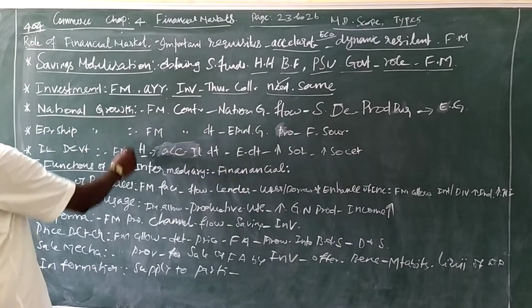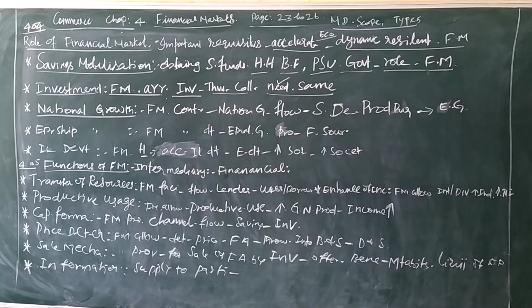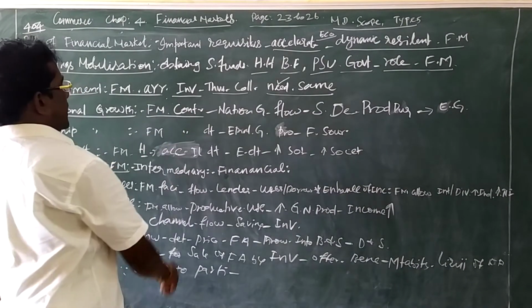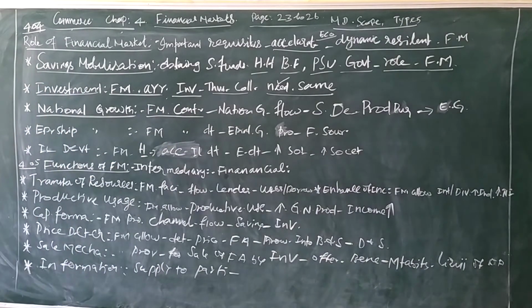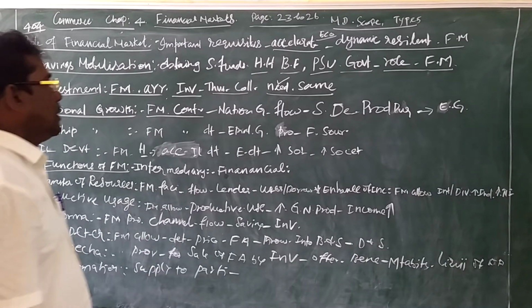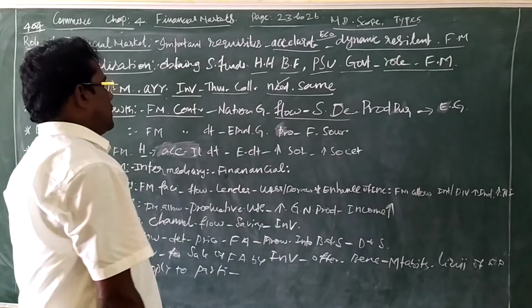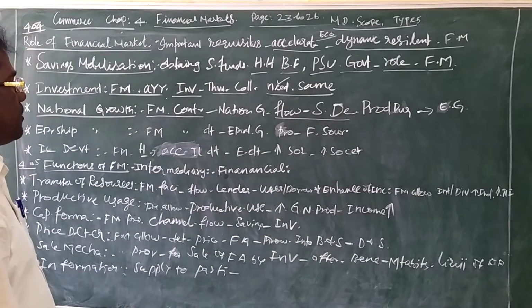Then the third one, national growth. Another important role nowadays played by the financial market is the growth of the nation, or national growth. The financial market contributes to national growth. How is it possible? By way of flowing of funds from the surplus to the deficit.